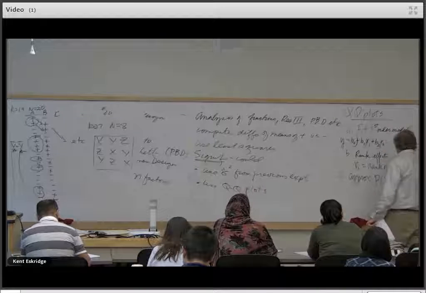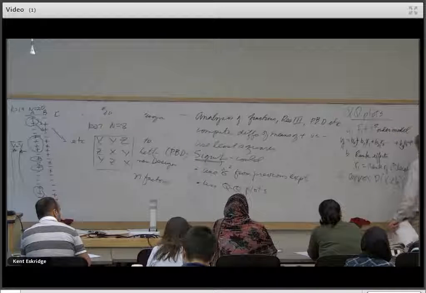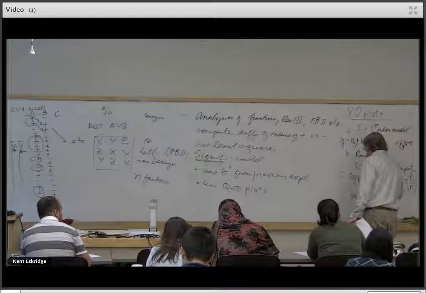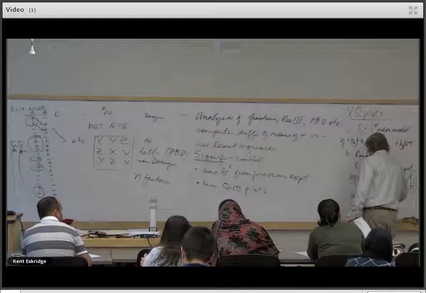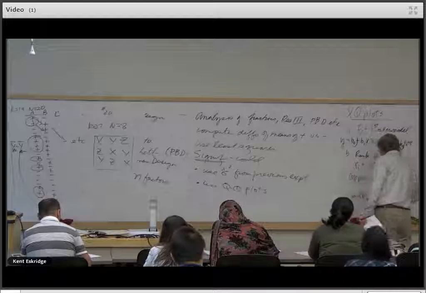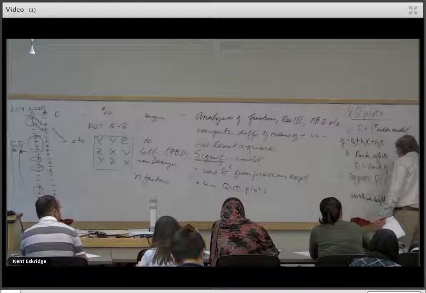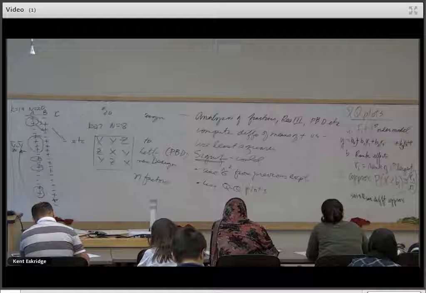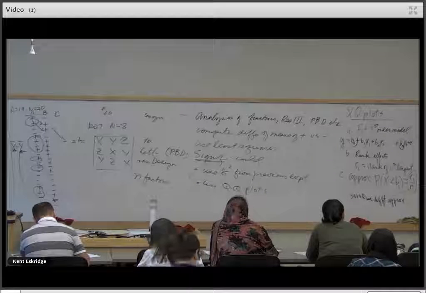Okay, and there are some other approximations. SAS uses a different approximation, but they're about the same thing. It's basically the rank number divided by the total number of effects, and I'm assuming the number of effects here is n.